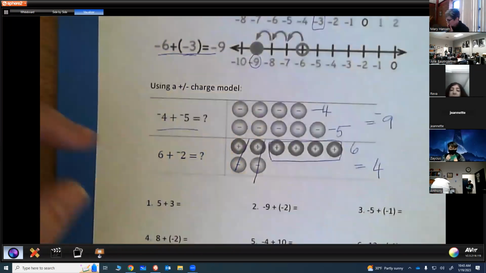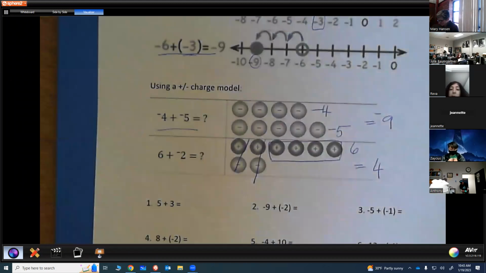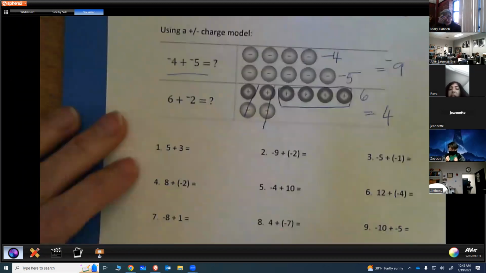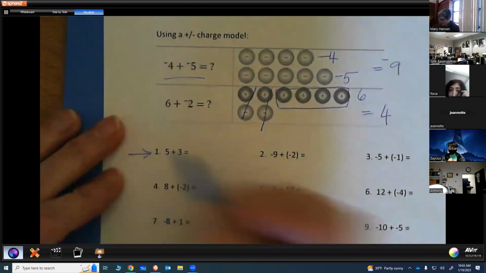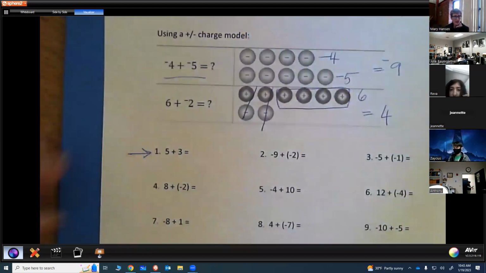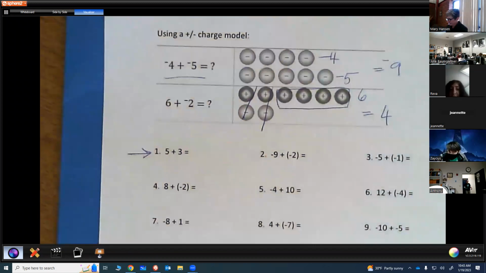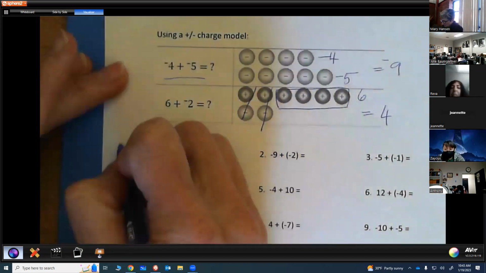So what I'd like for you to do is the first 3 problems, and think about doing them with a number line and finding the answer.